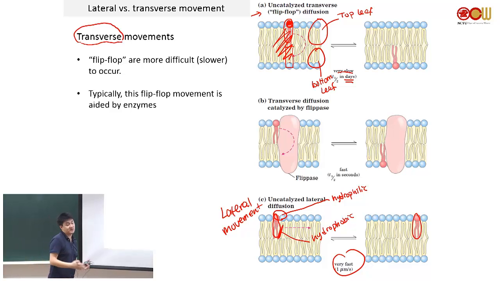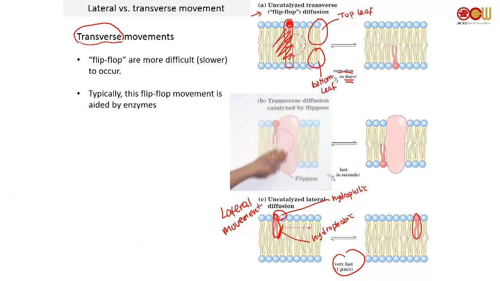For myelin, on top you have a bunch of different glycosphingolipids, and on the bottom you have something else. So let's say you want to pump a lipid to the outside and you don't want it on the inside. You want the outside to have a specific type of lipid, and inside you don't want so much.